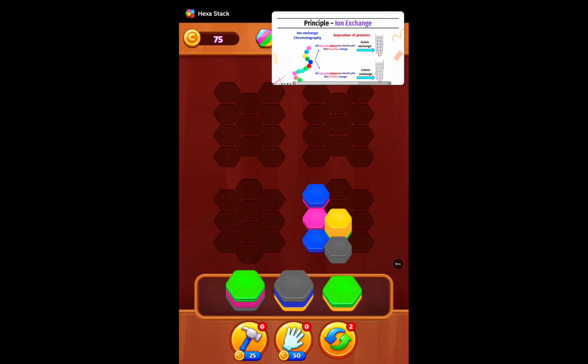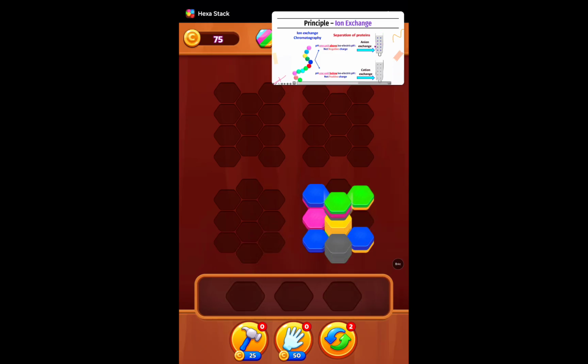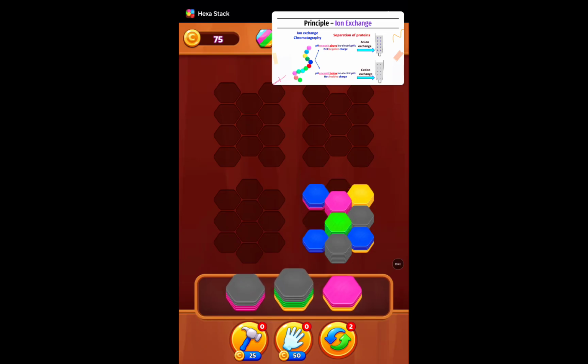So it's advisable to use the anion exchanger, because the anion exchanger is positive, so your negative sample will bind to it. If your sample is 1 unit below the isoelectric point, then your sample will be positively charged. Then it's advisable to use the cation exchanger, because the cation exchanger is negative, so it will bind to your sample. So this is the principle behind it, all right?